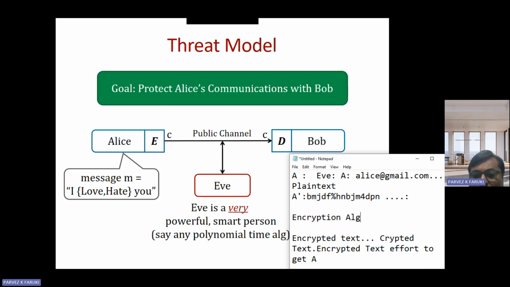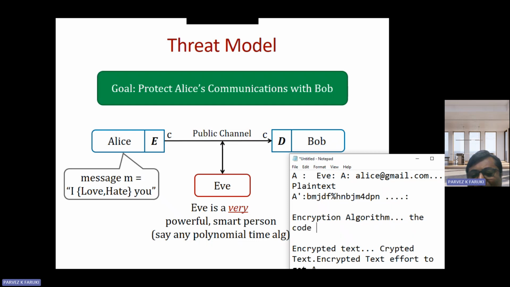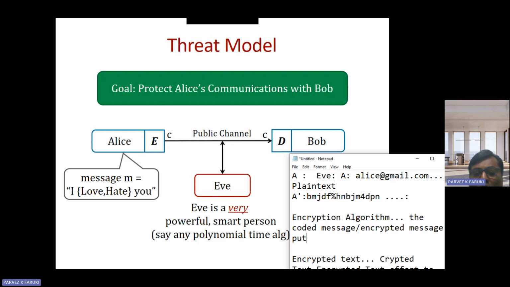Remember this word: an encryption algorithm was applied, and then the coded message, which is also called the encrypted message, is actually put on the public network. The advantage is that even if the attacker gets hold of this particular text, he doesn't know what it is.